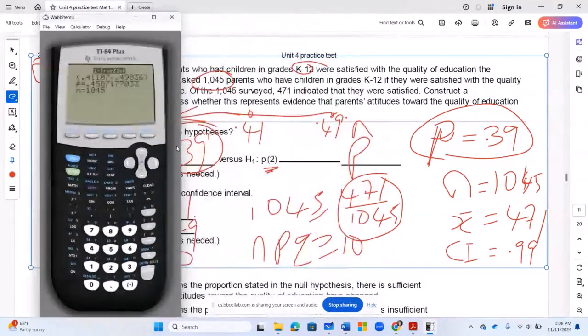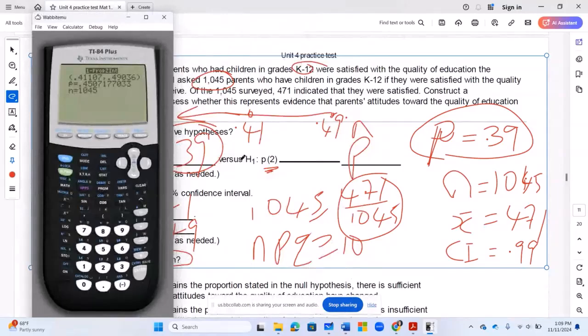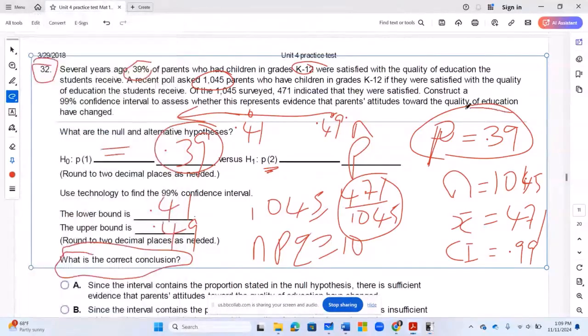The upper bound is 49%. The status quo, the mean we are contesting, is 39%. Therefore, this mean we are contesting is not in the interval because it's less than the lower bound.